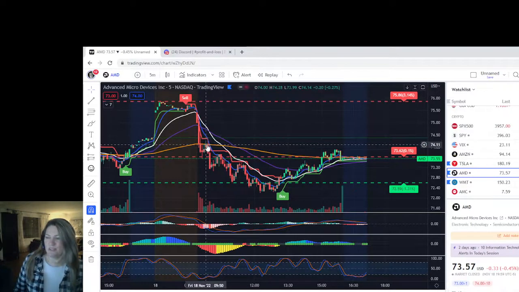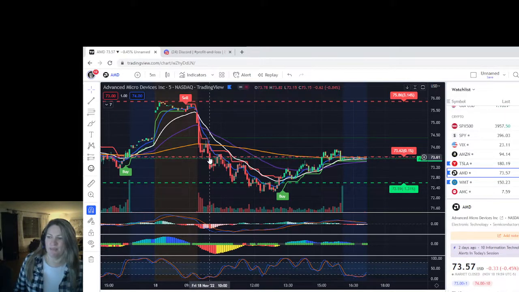So I got into this play when it broke that 200 EMA and pushed more to the downside, and I rode it down to this support level here, which is 63, 62. And it just continued to drop, but I like to get in and out quickly with my profits. So I was in once it broke that 200 and rejected off the 9 and the sell line, and I just rode that down to this next support, even though it cracked right through.